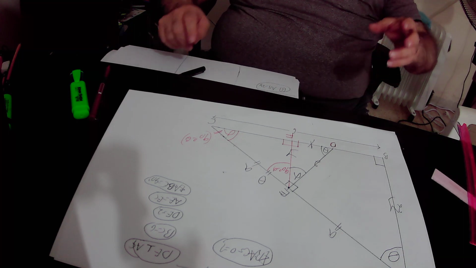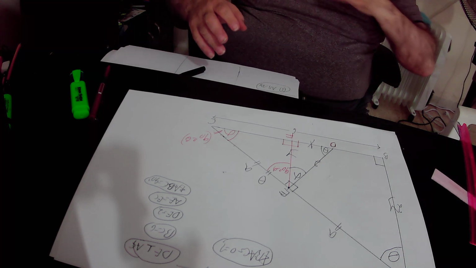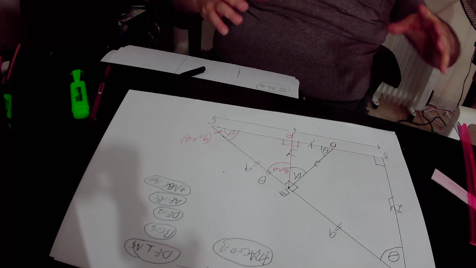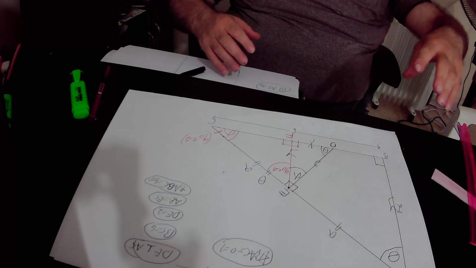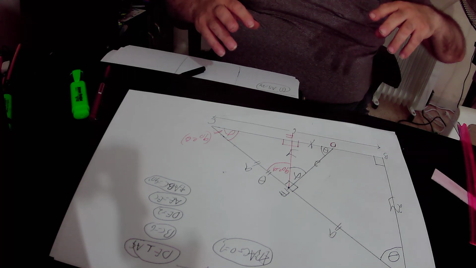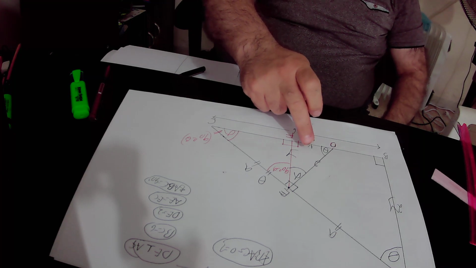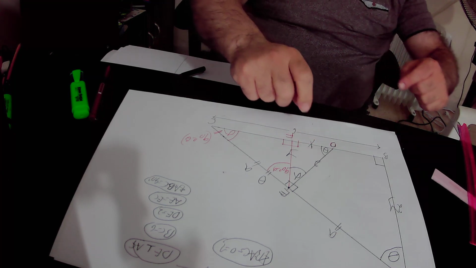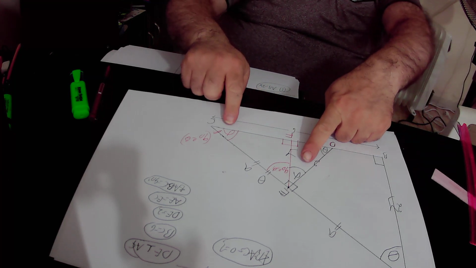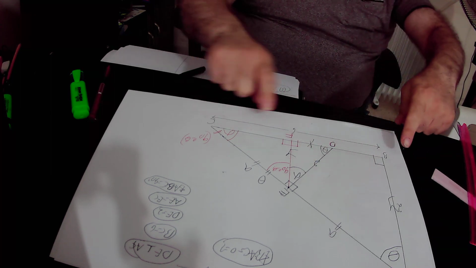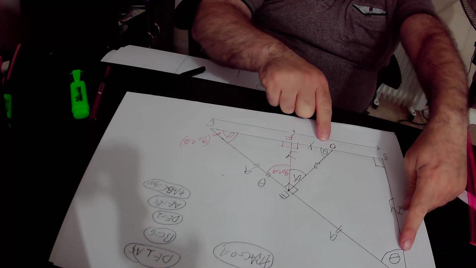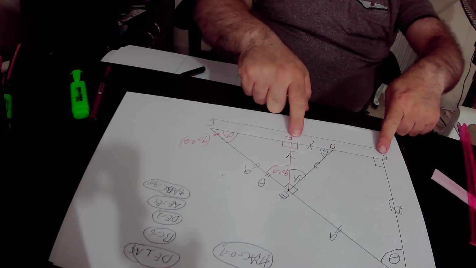So we prove that all the angles of triangle ABC are correspondingly equal to all the angles of this triangle, triangle EDF. Why? Because both those two angles are equal to alpha, both those two angles are equal to theta, and both those two angles are equal to 90 degrees.